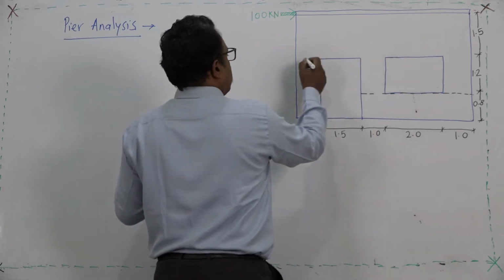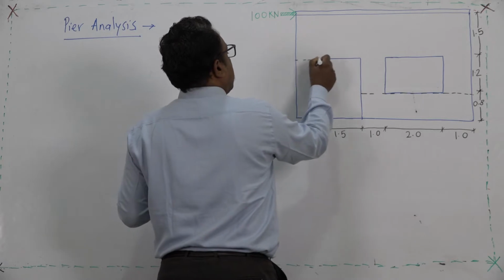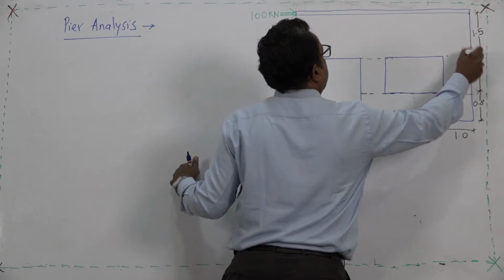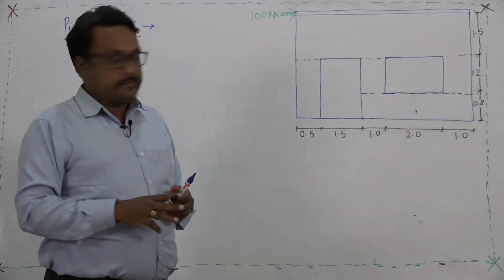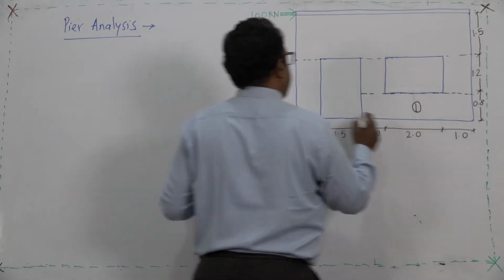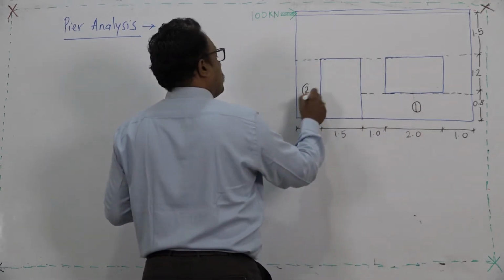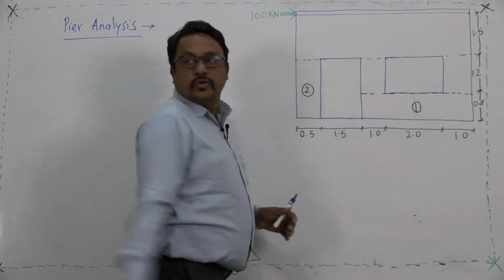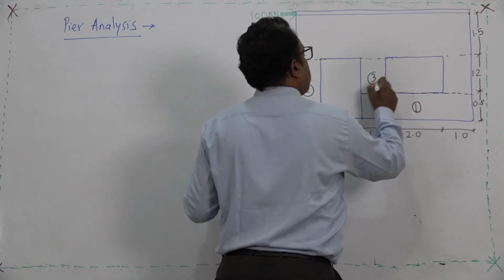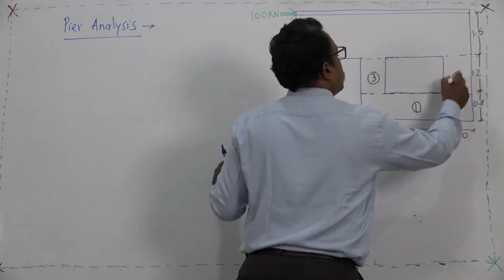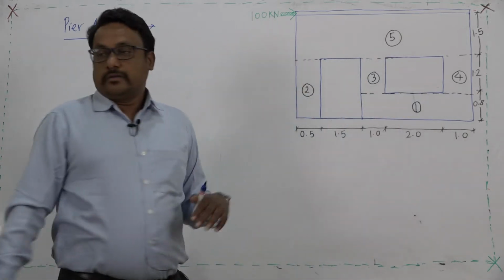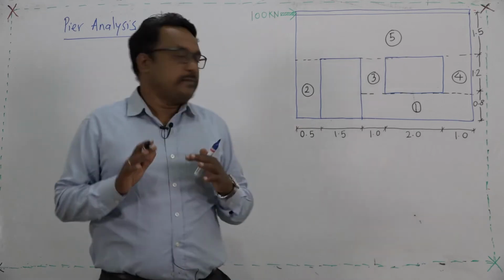Then the other bifurcation will be the lintel level at this door level. I will name these piers accordingly, starting from this one: this is pier 1, this is pier 2, this is pier 3, this is pier 4, and the last one will be pier 5. So in our discussion there will be 5 different piers.